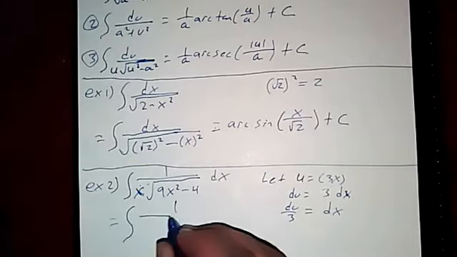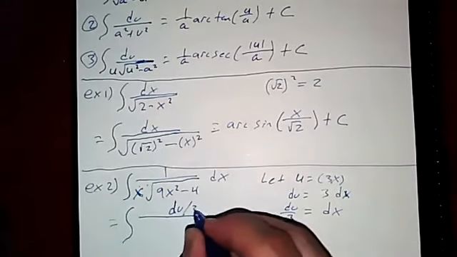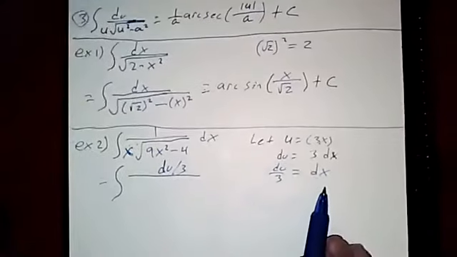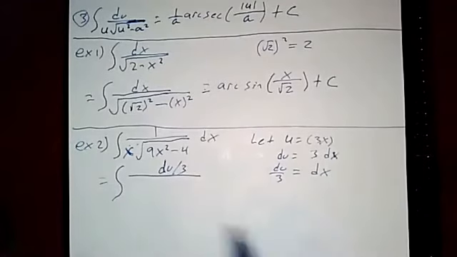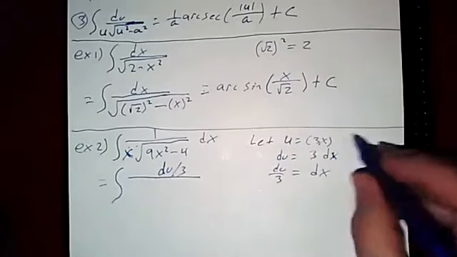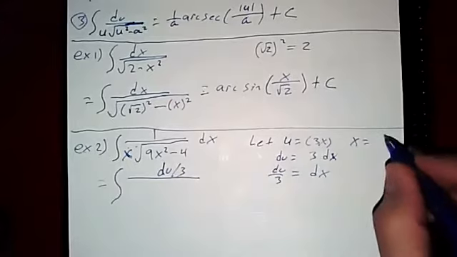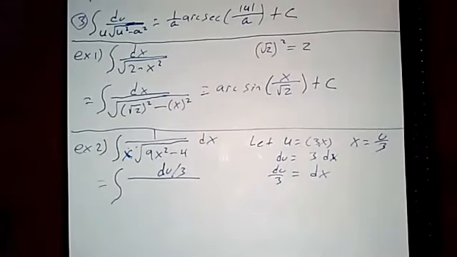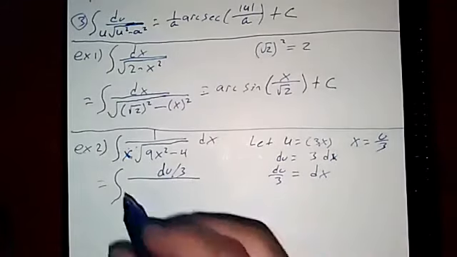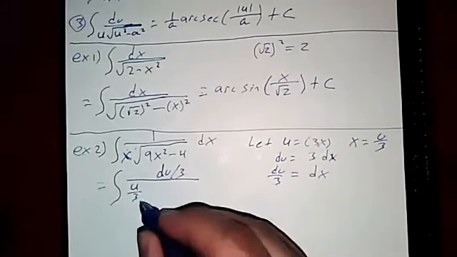So 1 over... I'm going to put du over 3 as the replacement for dx here. Down here I have x, so I should solve for x. If u is equal to 3x, x would be equal to u over 3, right? You agree with that? Solving for x, this is actually u over 3 square root.